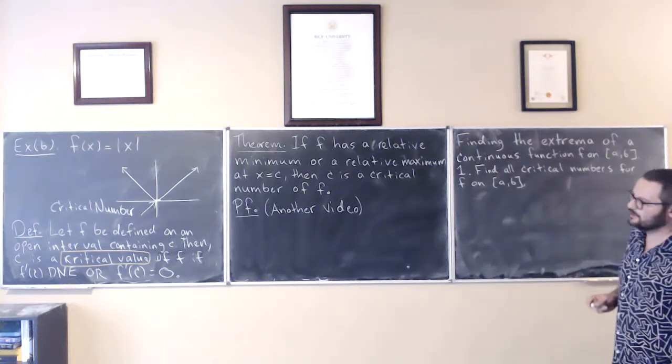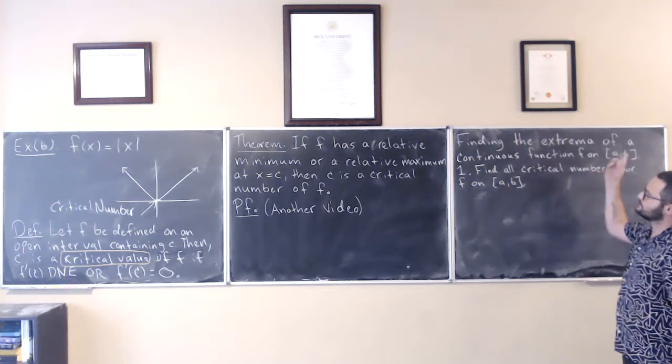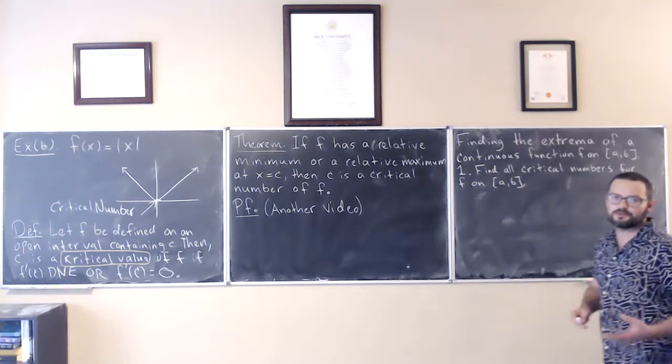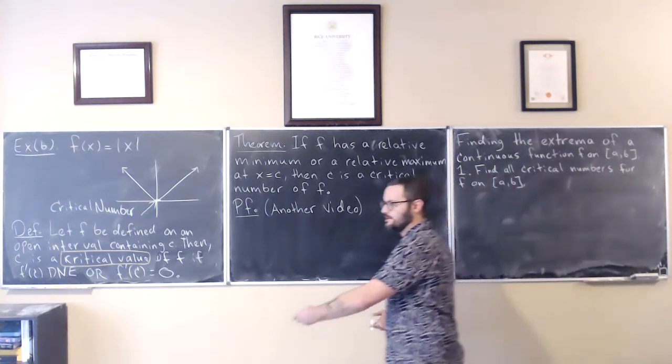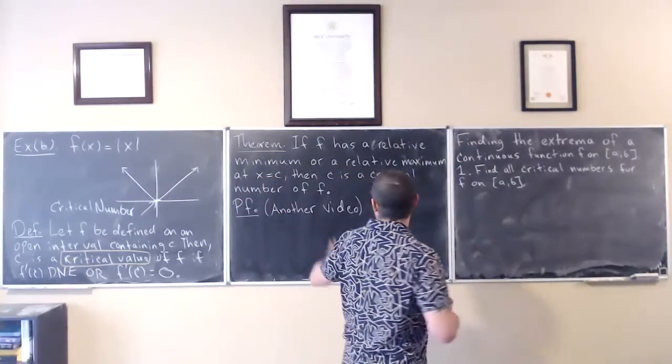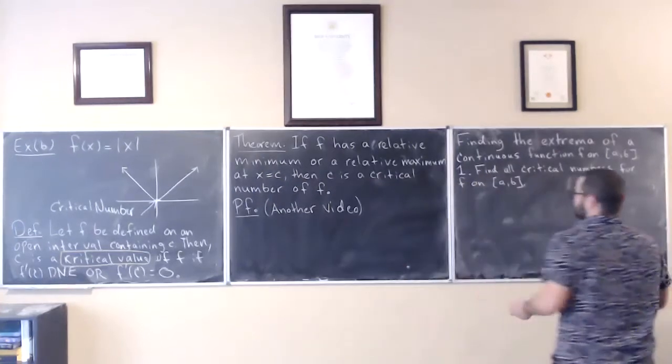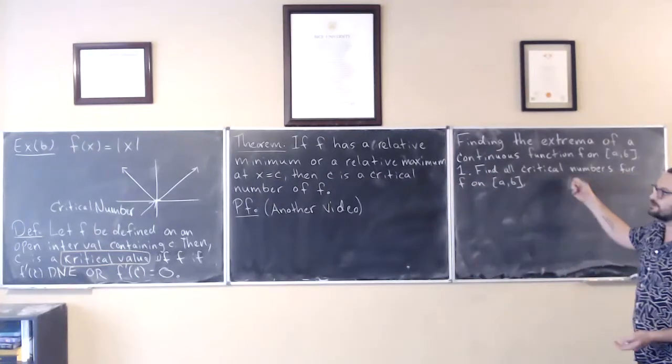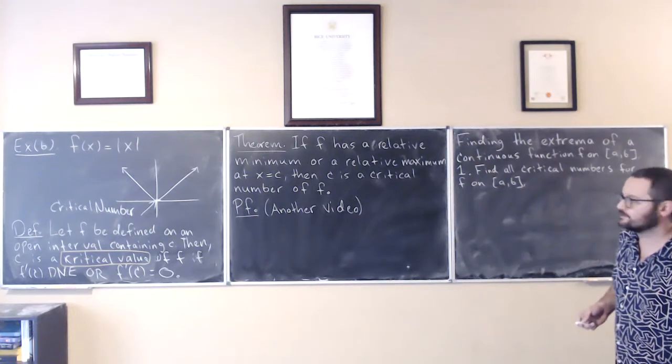Which I almost forgot, because the function is continuous on a closed interval, we know that it attains a maximum and a minimum on that interval by a previous theorem. By this theorem, we know that those maximum and minimum are going to appear at the critical numbers of that continuous function.